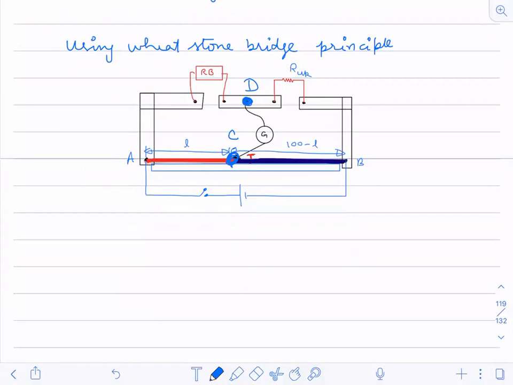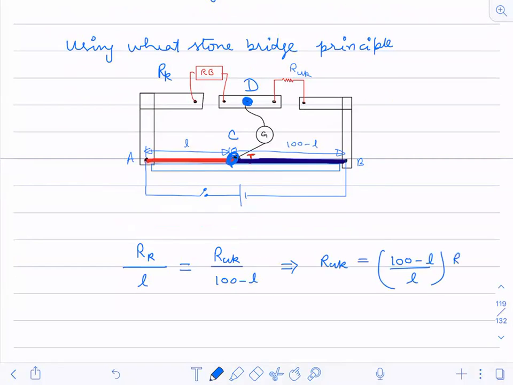Can I write RK, which I am taking as known resistance from the resistance box, RK divided by L is equal to R unknown divided by 100 minus L. So from here I can calculate the unknown resistance value as (100 minus L) by L into RK.